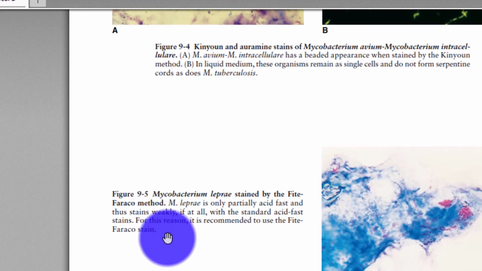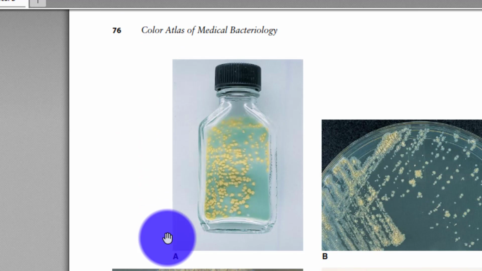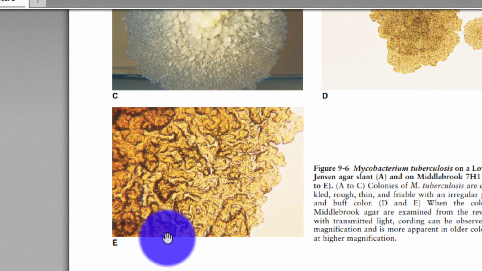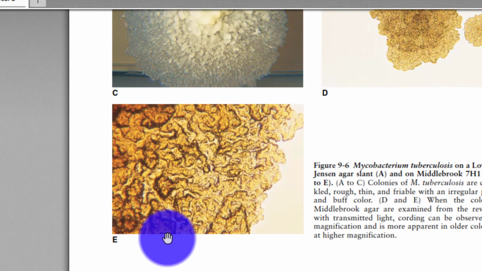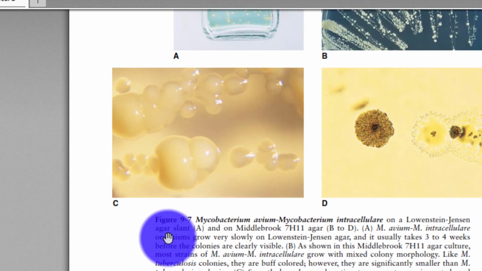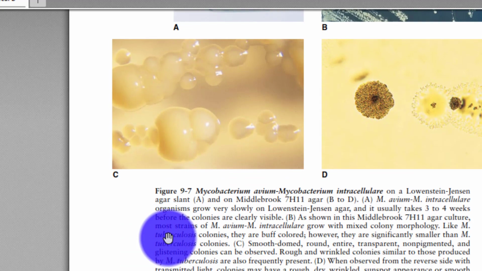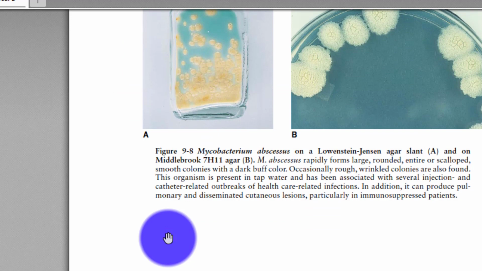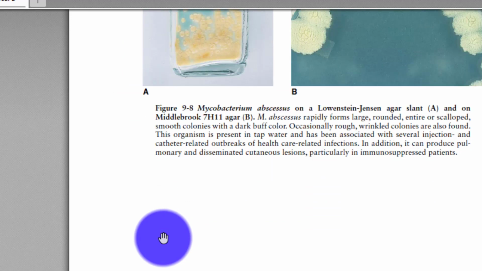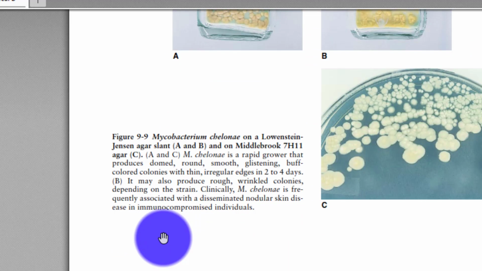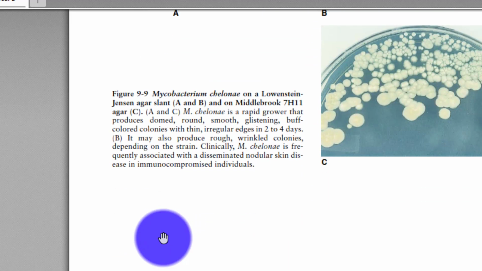Mycobacterium leprae, Mycobacterium tuberculosis, Lowenstein-Jensen media, Mycobacterium avium, Mycobacterium intracellulare, Mycobacterium on Lowenstein-Jensen agar, Mycobacterium kansasii on Lowenstein.